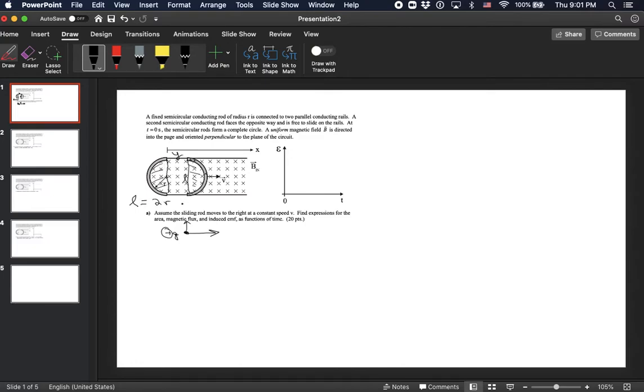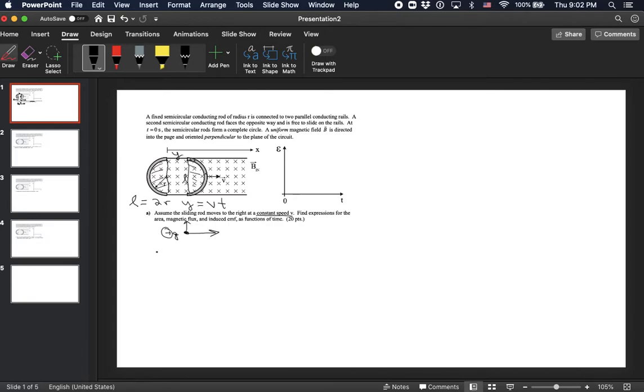And y is going to be increasing. So my L, or 2r, isn't going to change, but this y is going to get bigger as this moves to the right. And so I'm going to write that y in terms of the velocity times time, because it tells me that this bar is moving to the right at a constant velocity. So I can represent that as velocity times time.